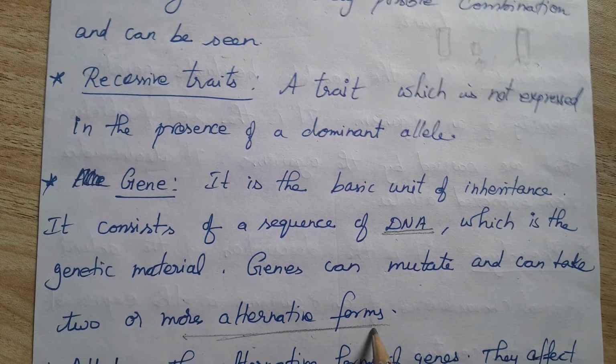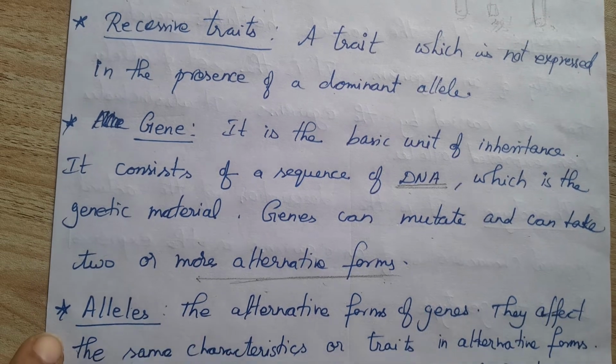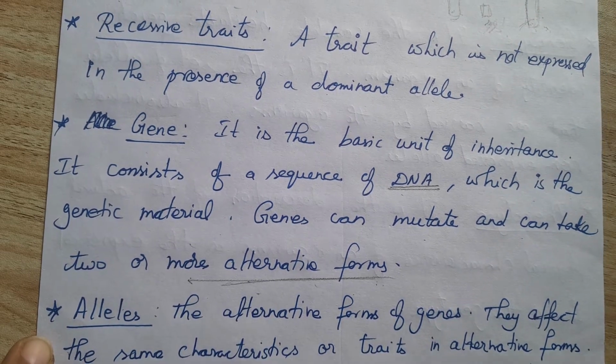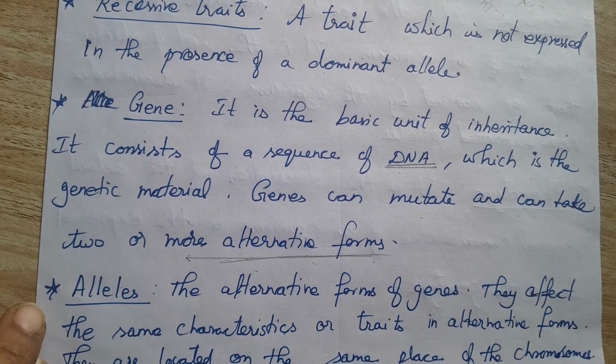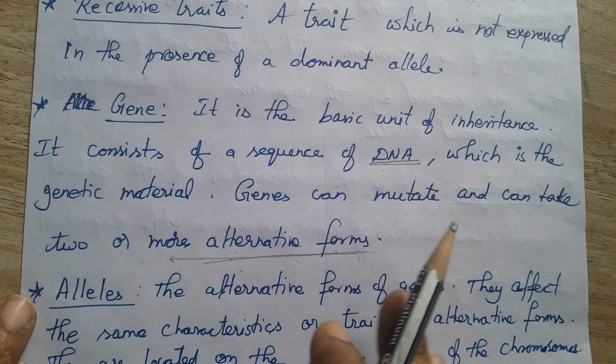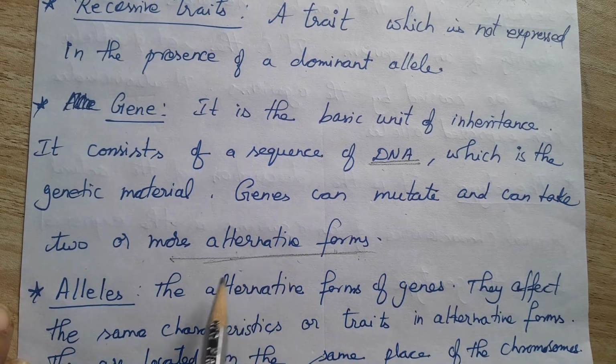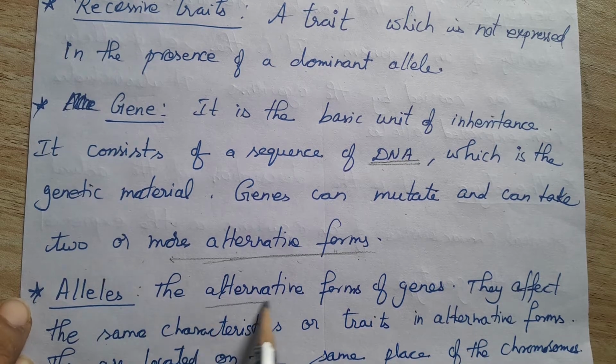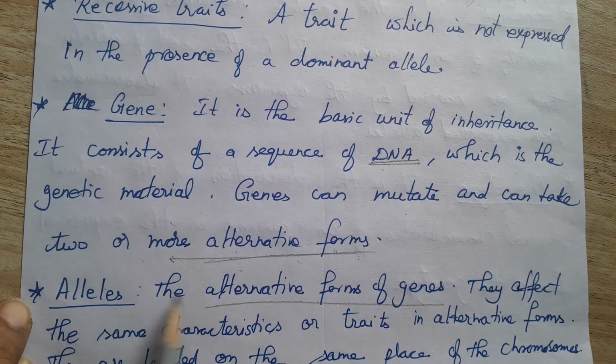These alternative forms are called alleles. Some genes are available in other forms also. What is that? Alleles. The alternative forms of a gene are called alleles.